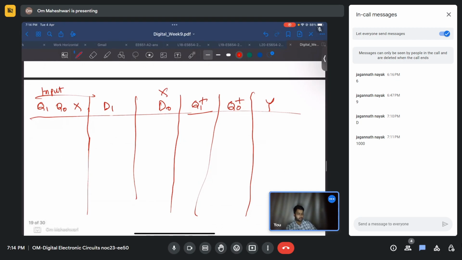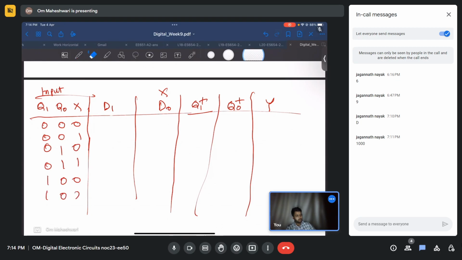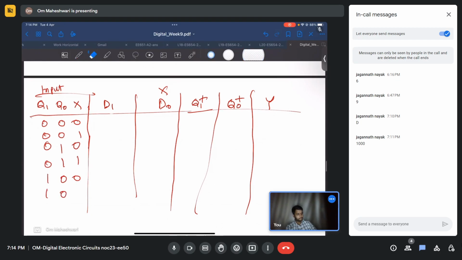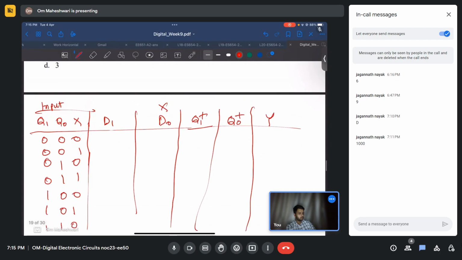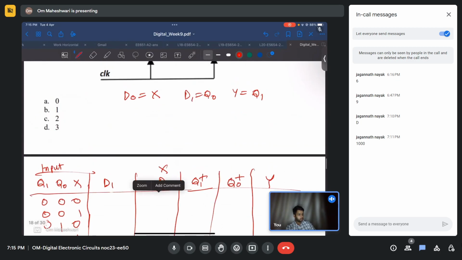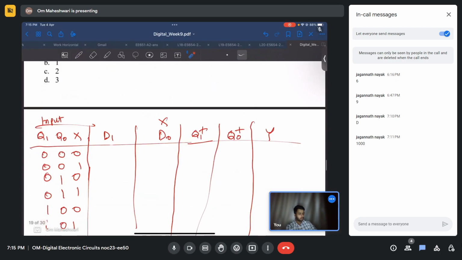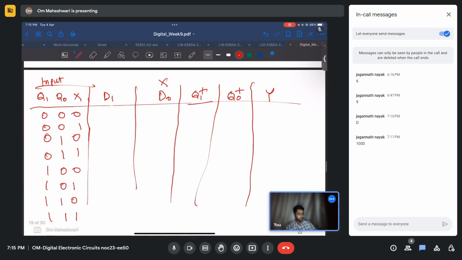So if we start with some random, all the inputs 0, 0, 0, 0, 0, 1, 0, 1, 0, 1, 1, 1, 0, 0, 1, 0, 1, 1, 1, 0, 1, 1, 1. Okay, these are all the inputs. Now D1 we know is Q0. So we will copy all these Q0 values.